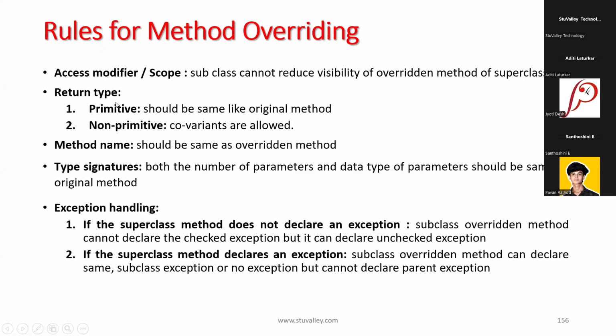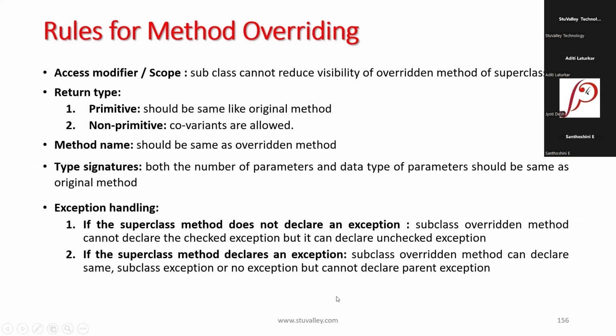The second one is return type. If the return type is primitive, it should be the same as the original method. If it is non-primitive, and you know what the non-primitive data types are, right, then covariants are allowed.